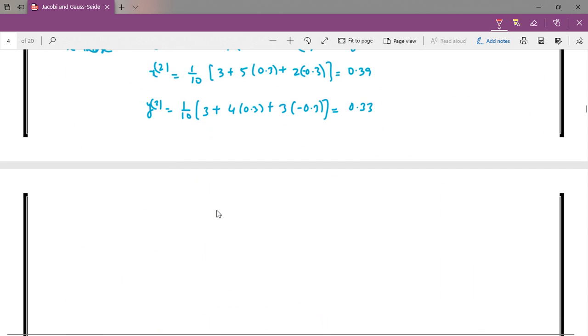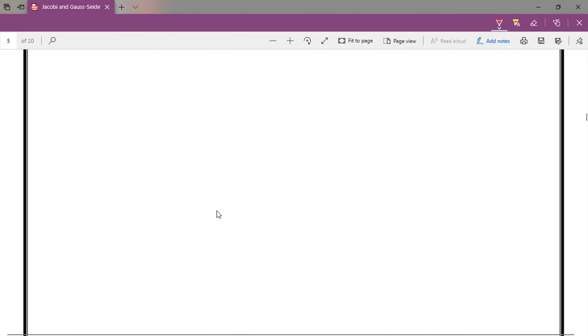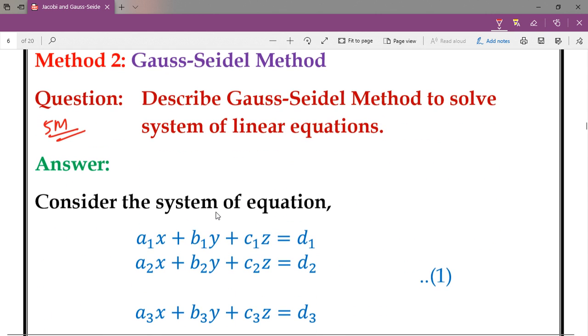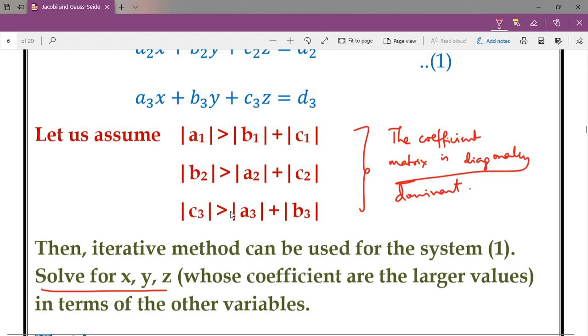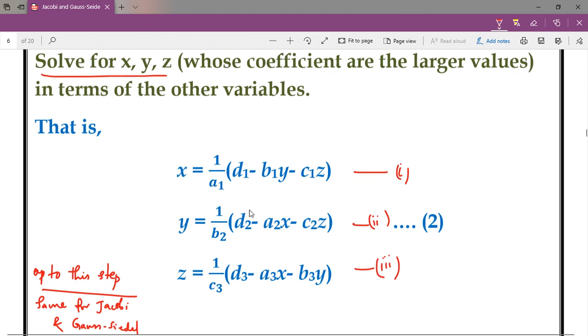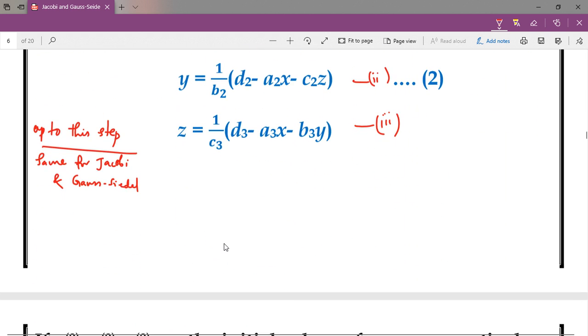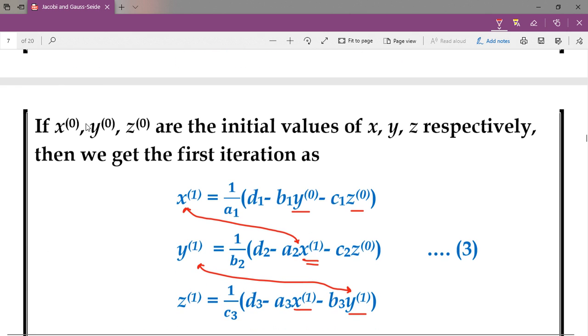After solving an example of Jacobi iteration, we moved to the Gauss-Seidel method, and saw how to solve a system of linear equations using it. This is a given system and it should be diagonally dominant. Then solve for x, y, z using equations 1, 2, 3.